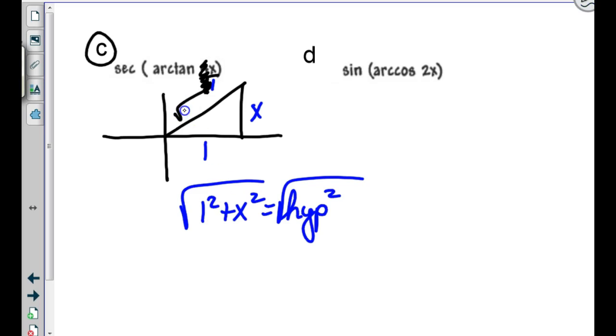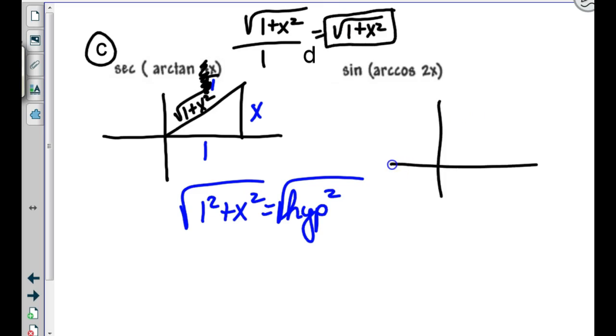So this is the square root of 1 plus x squared, because it's the hypotenuse, so it's longer. Now, how do I write secant? Oh, thank goodness I don't have to rationalize. Secant is hypotenuse over adjacent, because it's the flip of cosine, which is just the square root of 1 plus x squared.